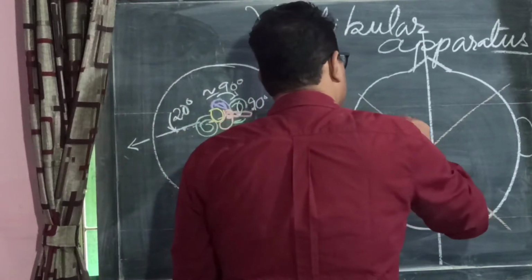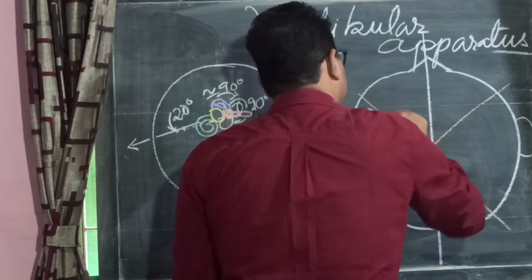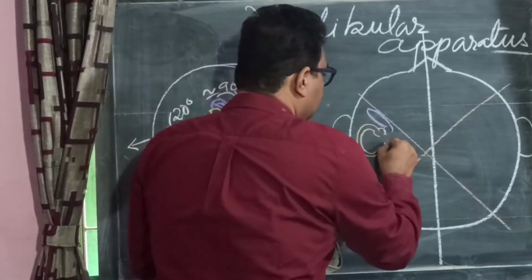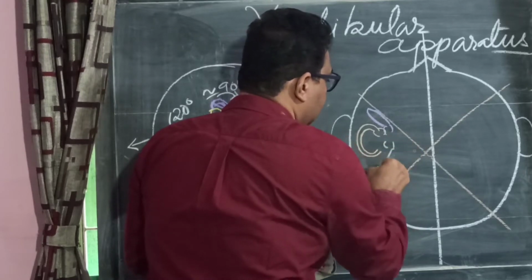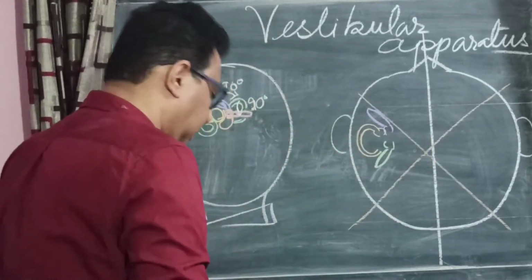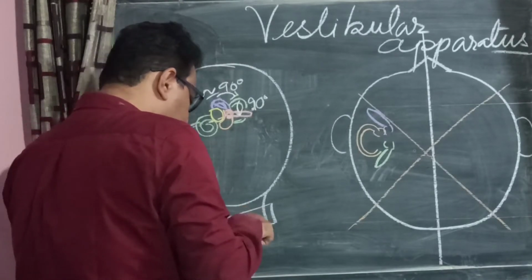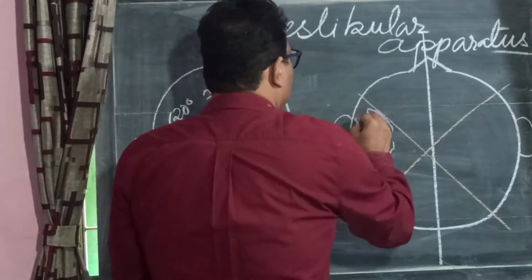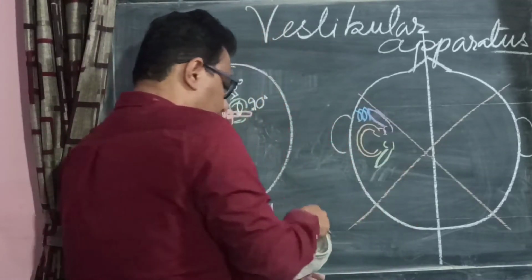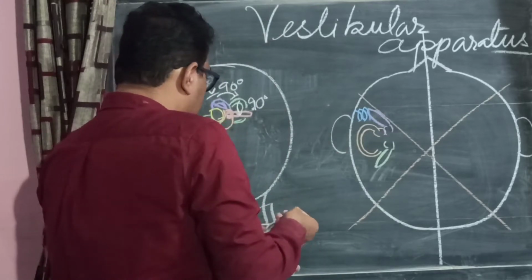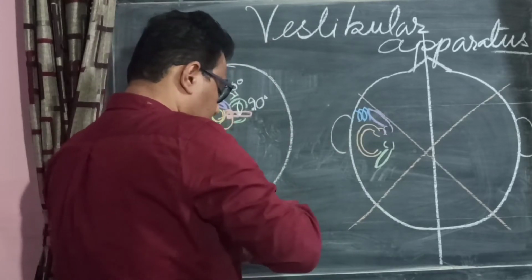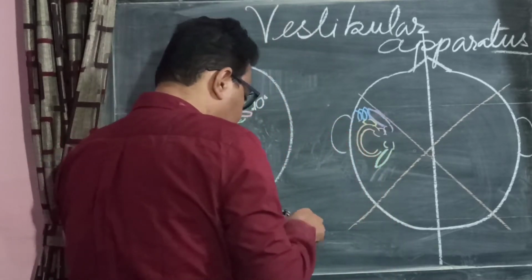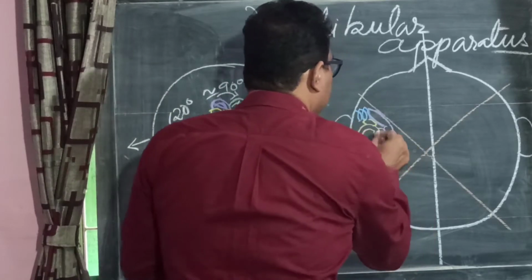The anterior canal is like this, and the posterior canal is having this orientation. Compared to the other structures, we see, for example, the cochlea here. The saccule and the utricle here.